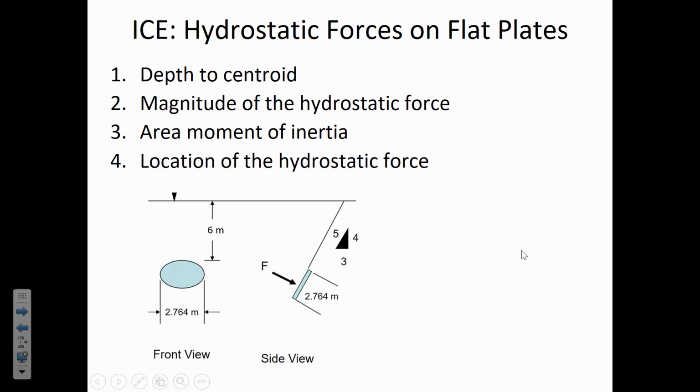It's a little bit confusing sometimes that we're keeping track of two different distances. One is the depth of the centroid, and the other is either a vertical or inclined distance to the location of the force application. Those are two separate distances, and we're going to get some practice working on that today.